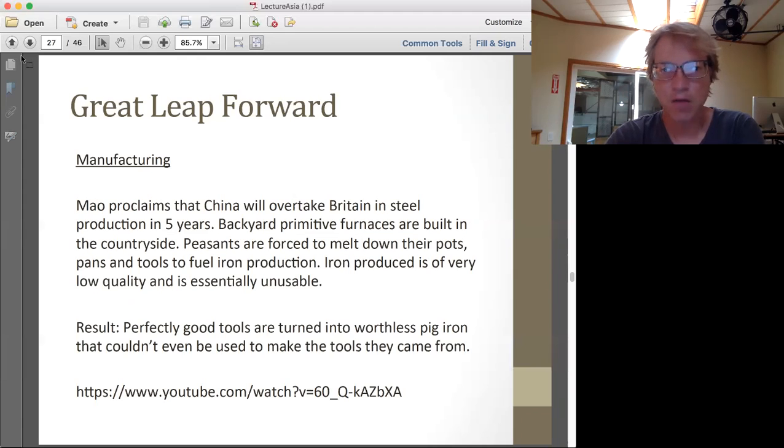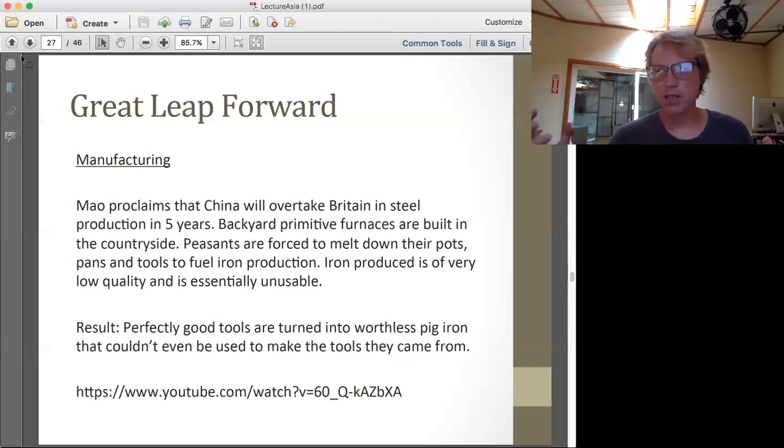All right, manufacturing. So China has this 5-year plan where they're going to overtake Britain in steel production. And their idea is, we're going to have these backyard furnaces. We're going to take the existing metal, melt it down, and use this to produce iron. But they don't really have the technology to produce good iron.